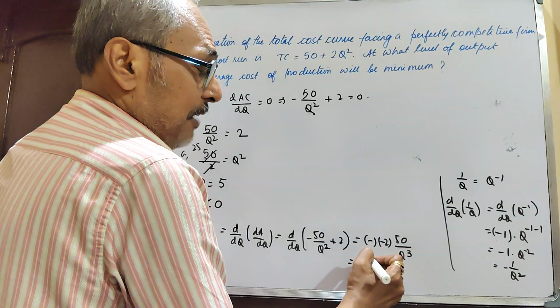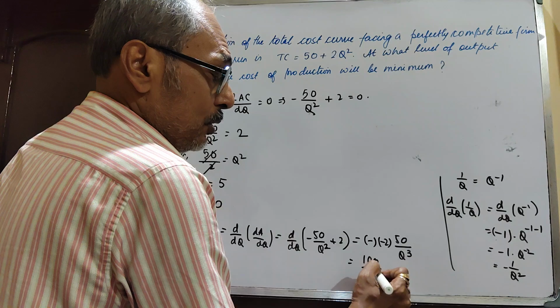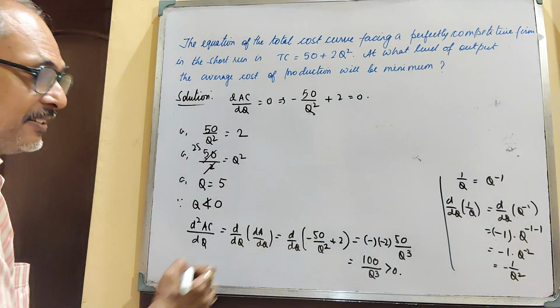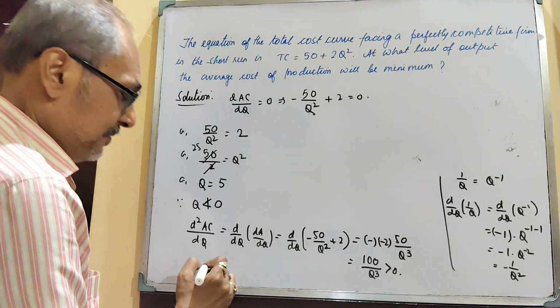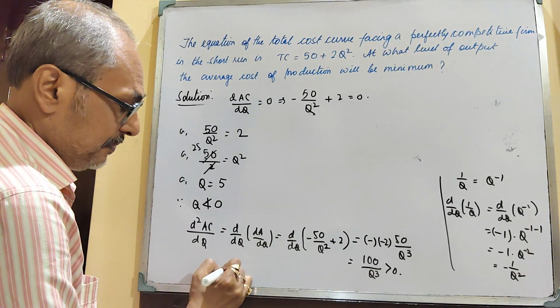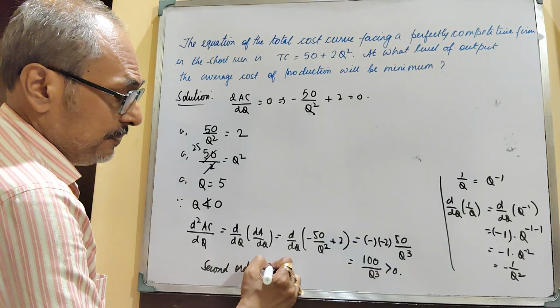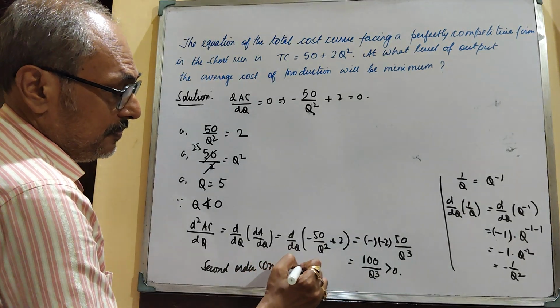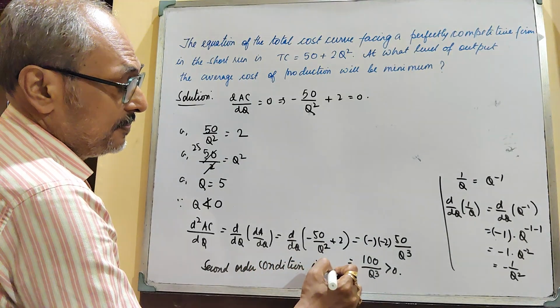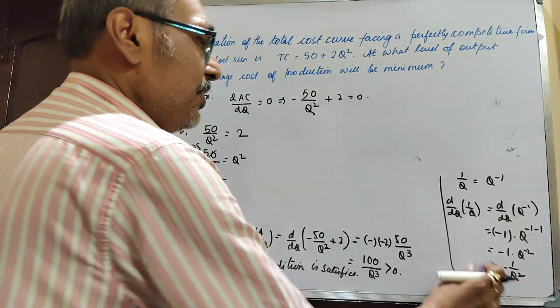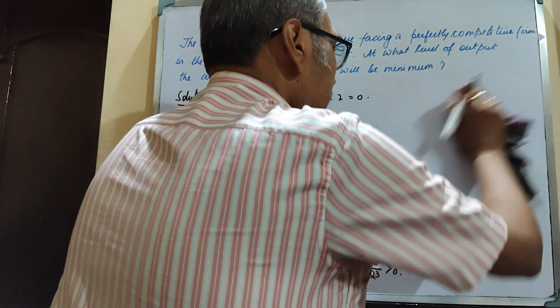This is 100 by Q cubed, which is positive. Therefore, the second order condition is satisfied.